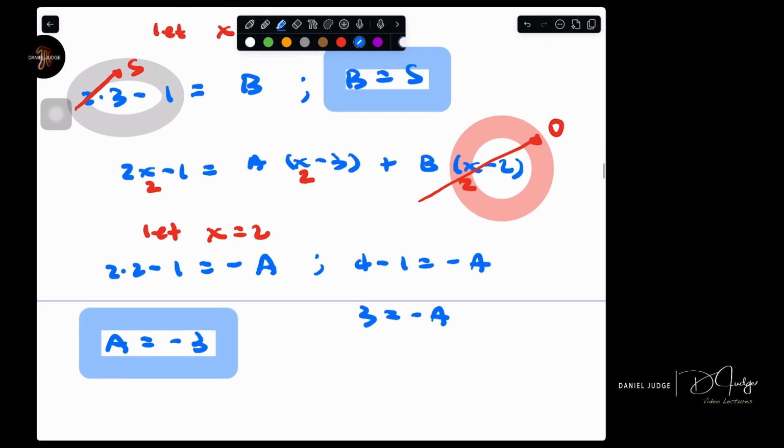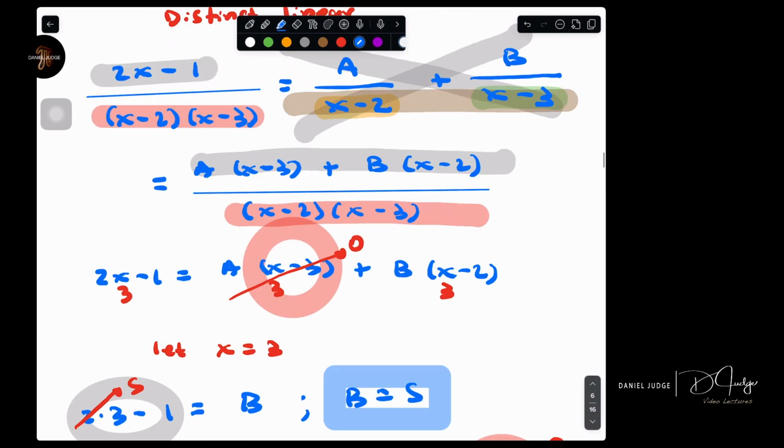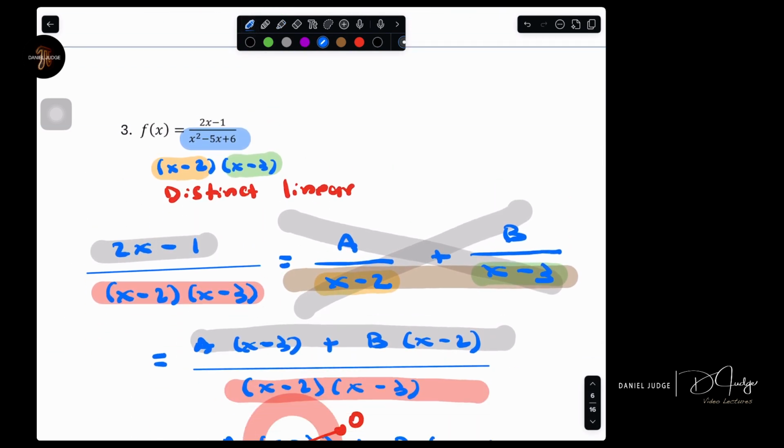So we have our values. a is negative 3, b is positive 5.